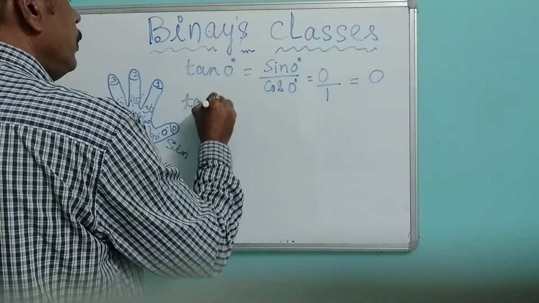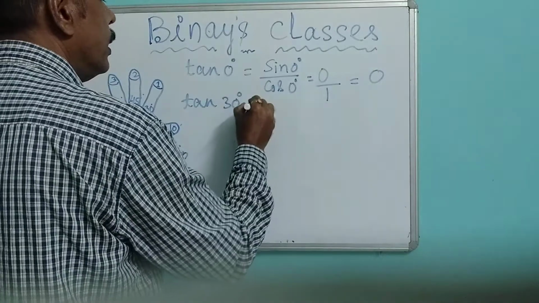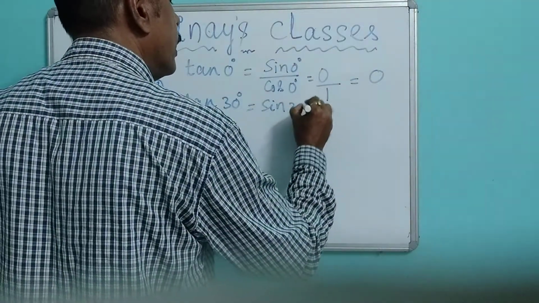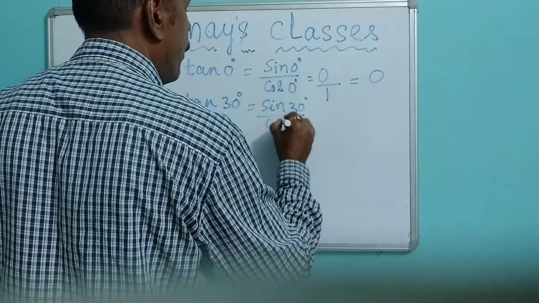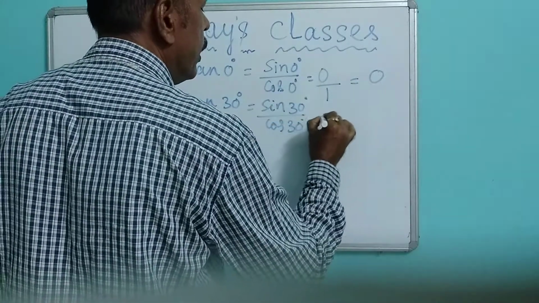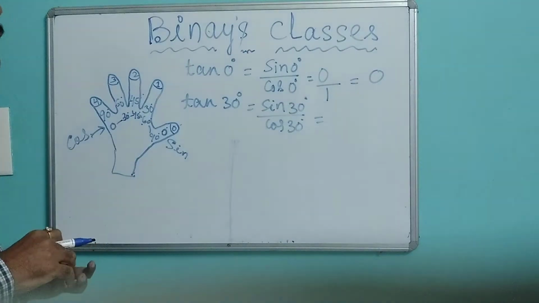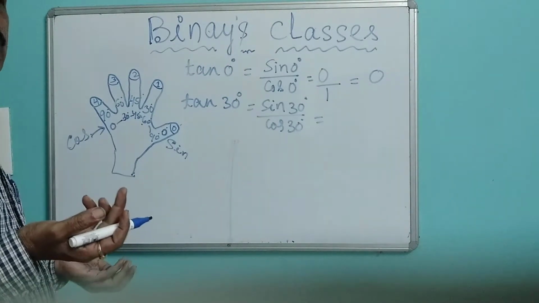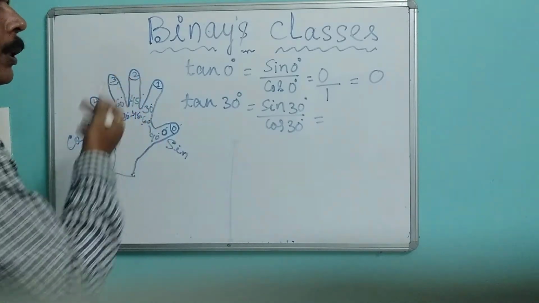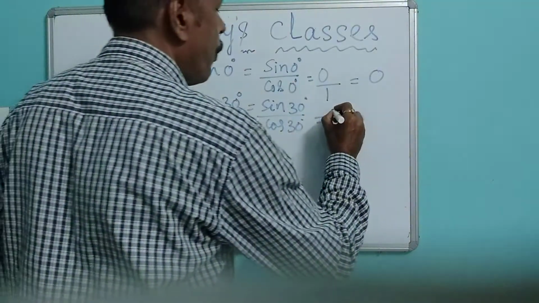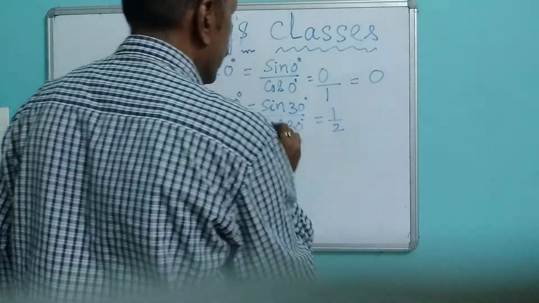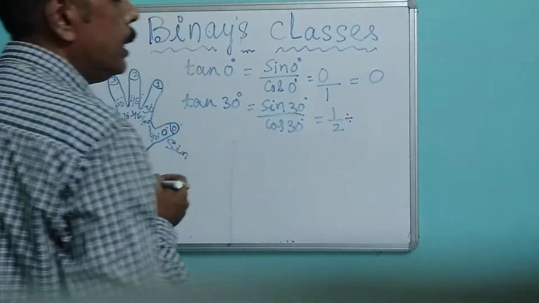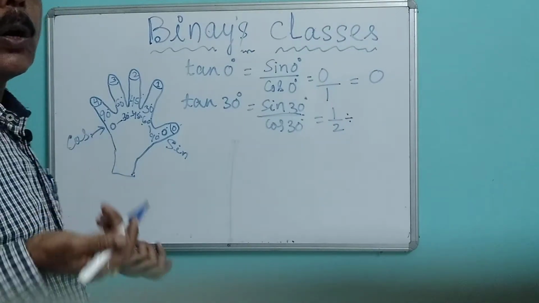Tan 30 degree, that is sin 30 degree by cos 30 degree. As you know, sin 30 we have already calculated using the finger formula: 1 by 2. You can put a divide sign here to make it easier, 1 by 2 divided by cos 30.